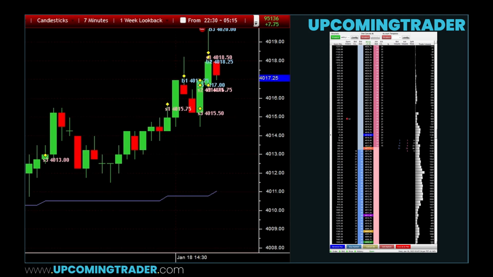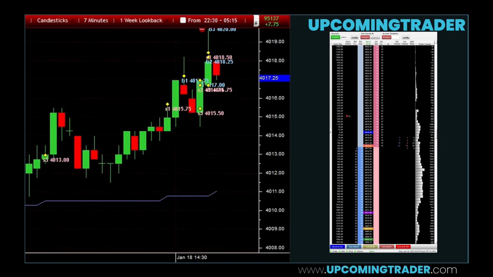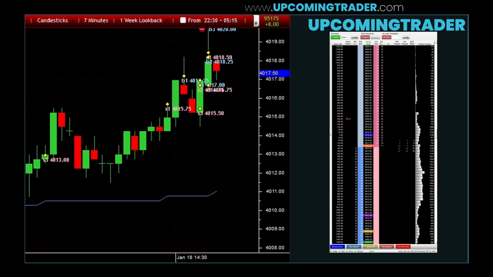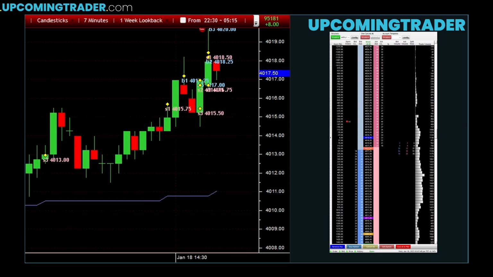For example, a double bottom forming near the value area low can indicate that price is finding strong support, potentially leading to a reversal upwards. Likewise, a double top near the value area high can suggest resistance, signaling that price may soon drop.